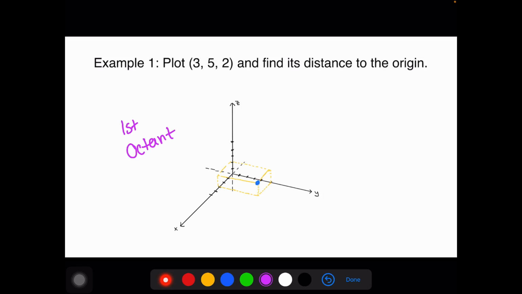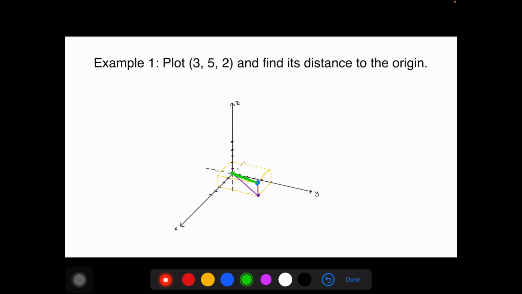All right, so what about the distance? Let's see if we can find the distance from the origin to that point, which I've drawn in blue. And so we are trying to find basically the length. Let me highlight it. I'm trying to find this length right here. That's the distance we're trying to find.